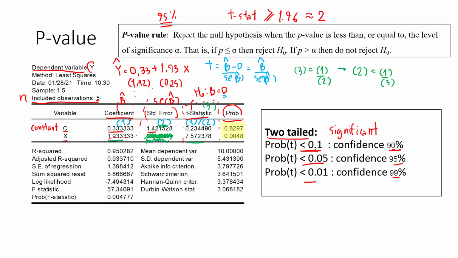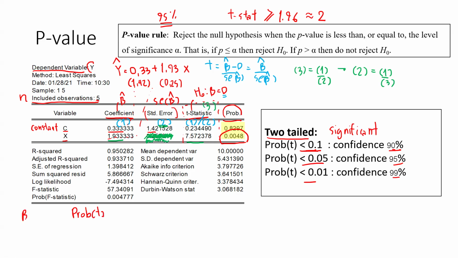So after you get this output, you can see the probability. For example, the beta 2 here. I would like to write it in a full sentence.